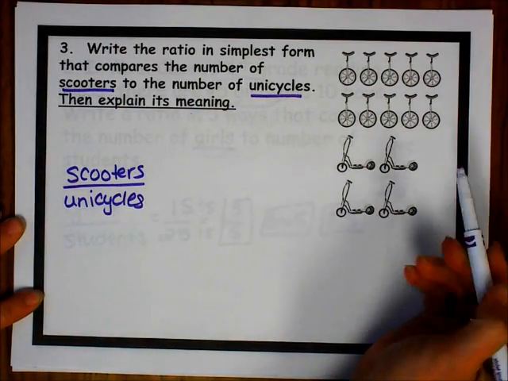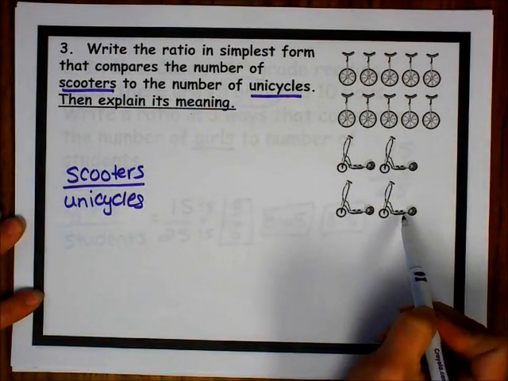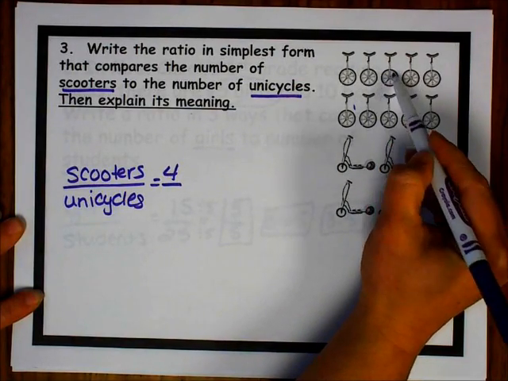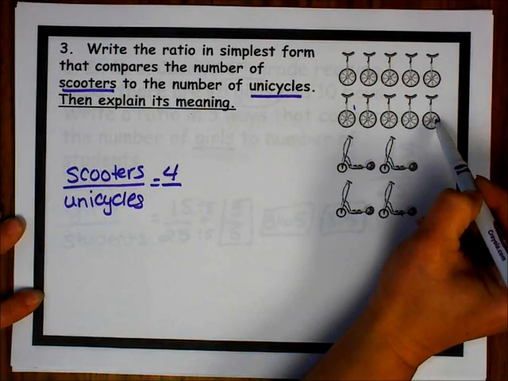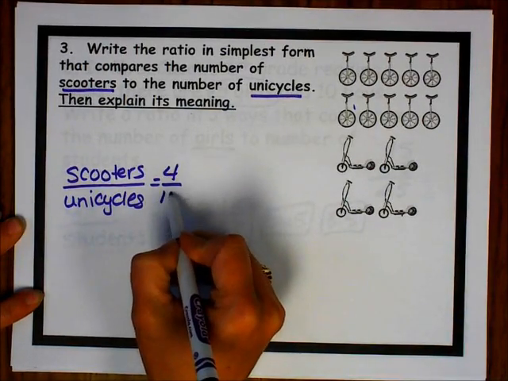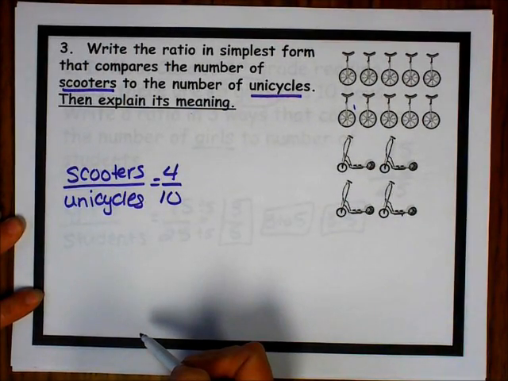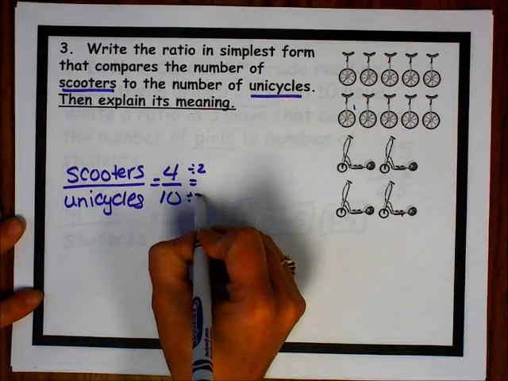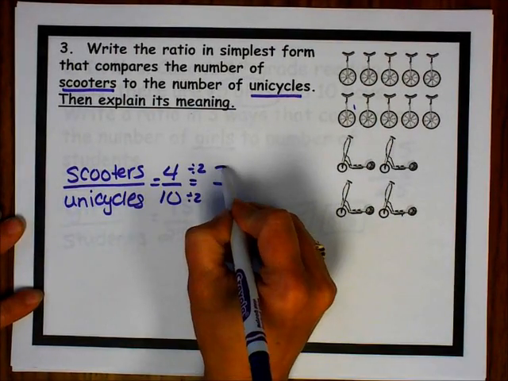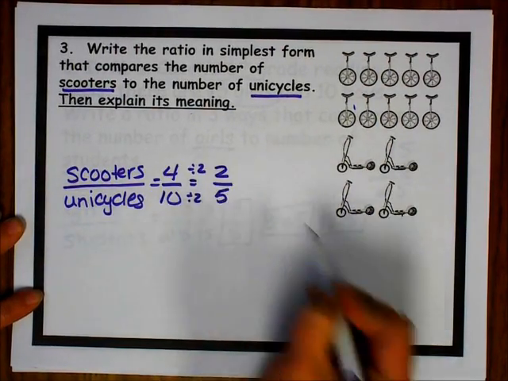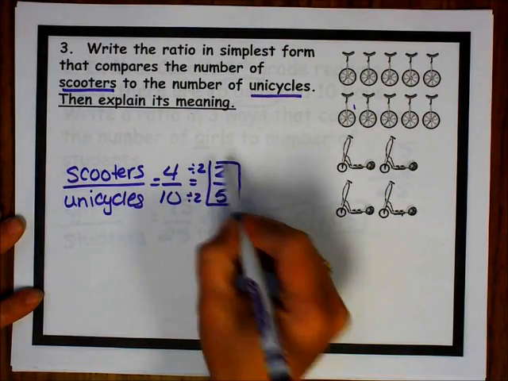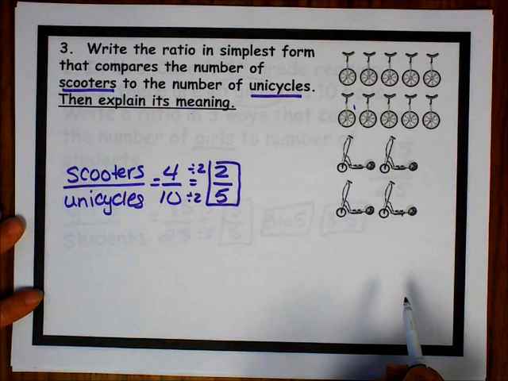So let's count. There's 1, 2, 3, 4 scooters, and 2, 4, 6, 8, 10 unicycles. But notice that my ratio 4 to 10 is not in simplest form, so they're both even. So I know I can simplify by 2 to get the ratio 2 to 5. 2 to 5 is in simplest form because they are both prime.